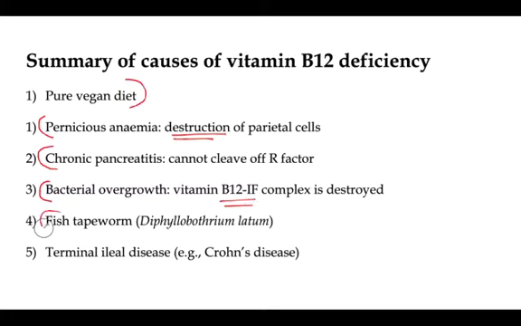Also, people who are suffering from fish tapeworm infection can have deficiency of vitamin B12, as this parasite uses vitamin B12 for its metabolism. As the absorption of vitamin B12 takes place in the terminal ileum, people who are suffering from terminal ileal disease such as Crohn's disease can also have insufficiency of vitamin B12 function.